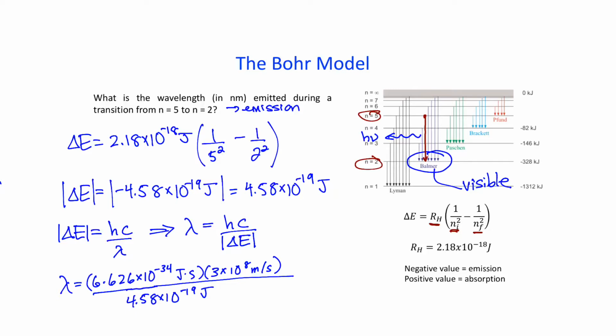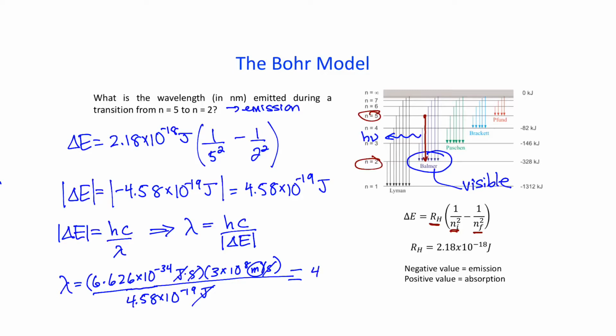Punch that into your calculator and see where we end up. While you're doing that, I'm going to take a look at our units and see how things are canceling. The joules are going to cancel, the seconds are going to cancel with the per second of the speed of light, and we're left with meters. So the number that you get out here is going to be in units of meters.